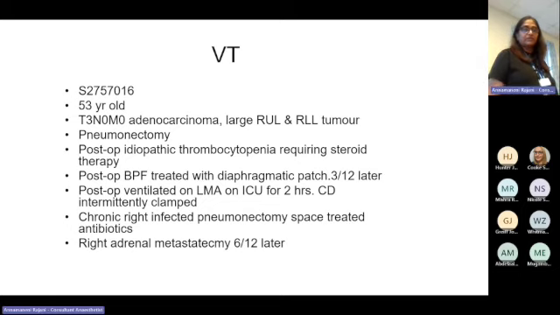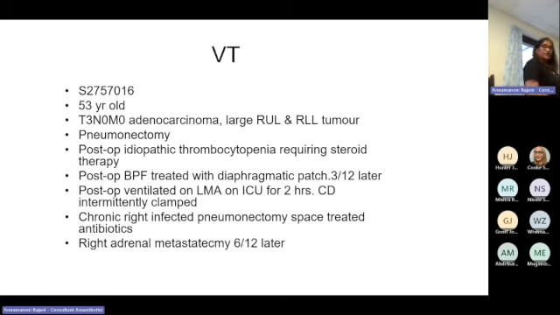This is a chap who came with a large adenocarcinoma of his right upper lobe and right lower lobe. His middle lobe was disease-free, but it didn't make any sense to leave that middle lobe and take the upper and lower.